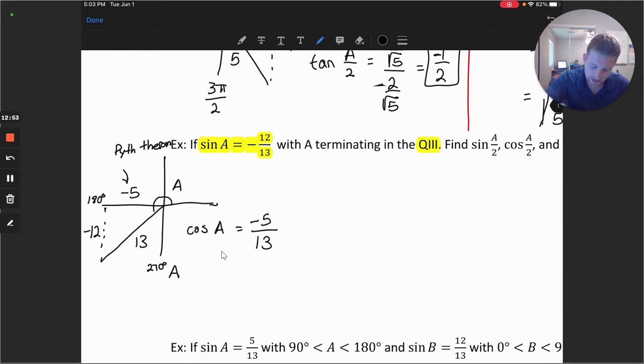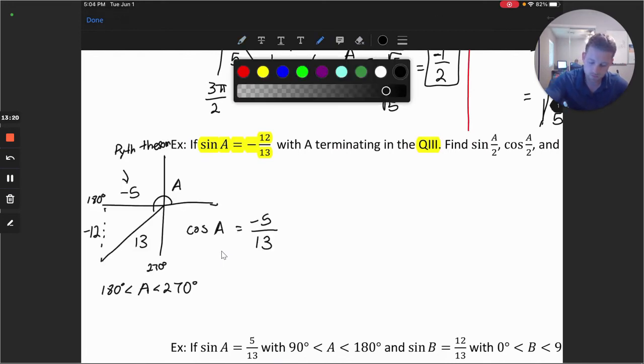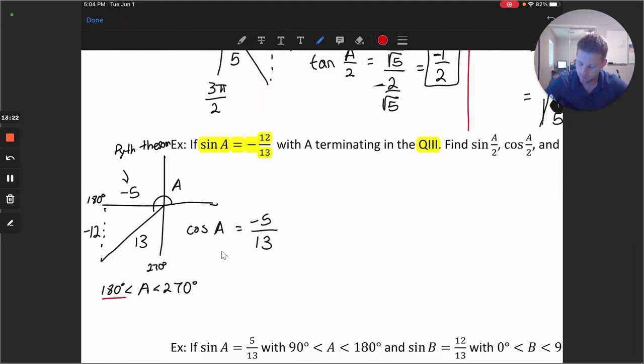So if my A angle, the original angle in this problem, was between 180 and 270 in quadrant 3, we can divide each of these by 2 and figure out what quadrant we should be in for A over 2.